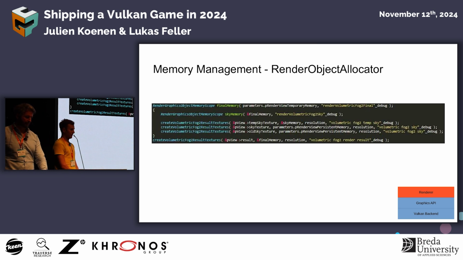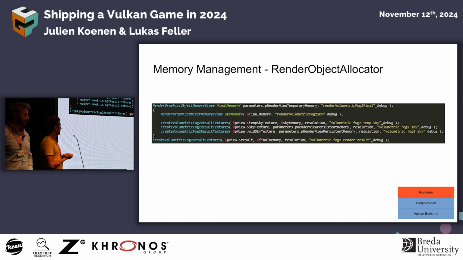The little API that we have for allocating memory looks like this. It was designed with the idea that we can very easily specify where we want to allocate memory from, or basically what kind of memory it is, be it dynamic memory, static memory, or this temporary memory.